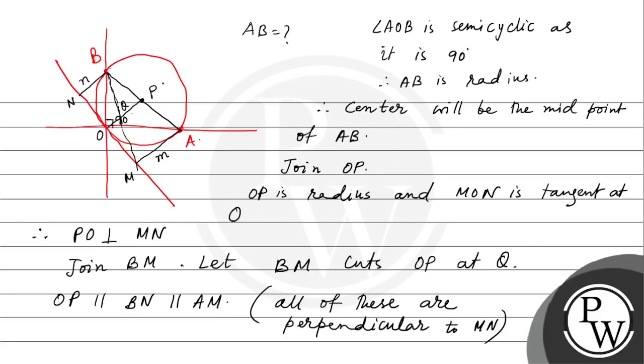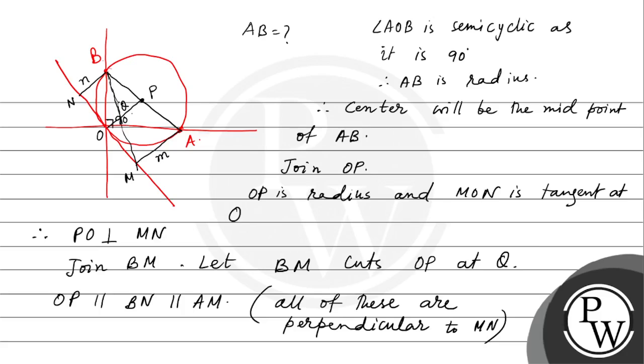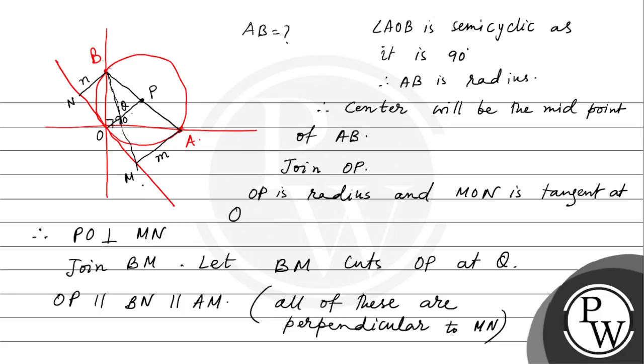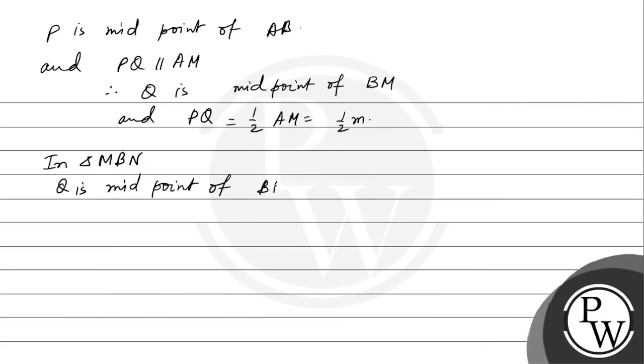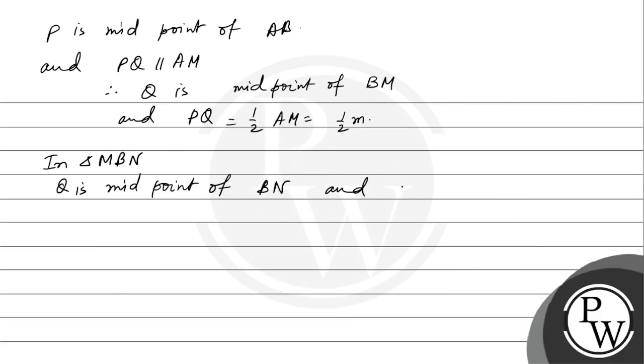Next, look at the triangle MBN. In triangle MBN, Q is midpoint of BM, and OQ is parallel to BN.